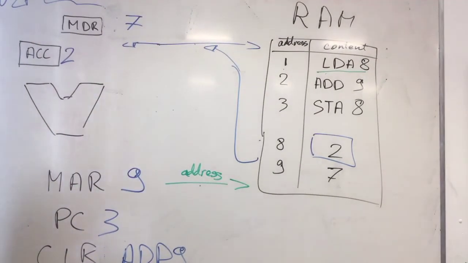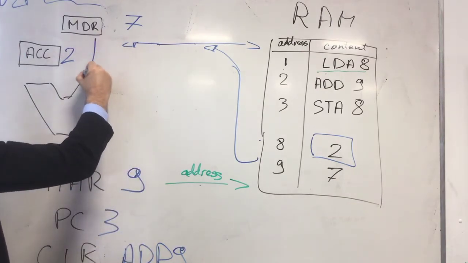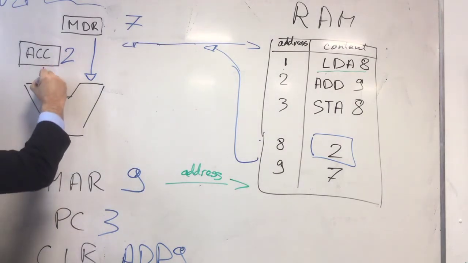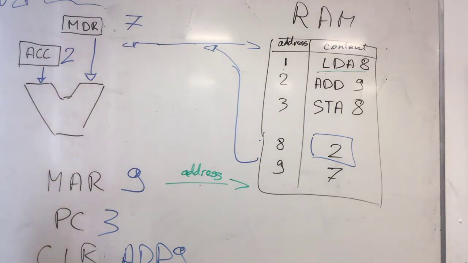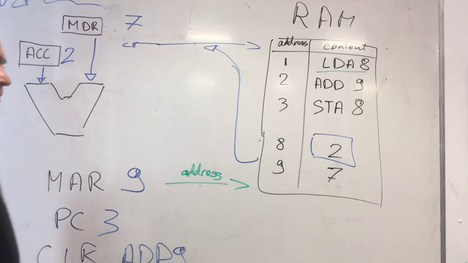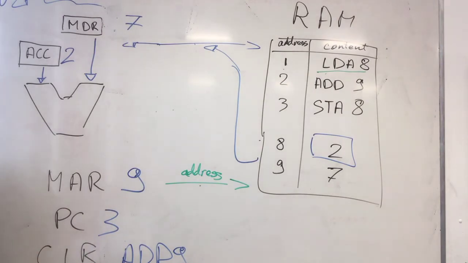Now something interesting happens. 7 is going to go on this part of the ALU, and the other part is going to get that number that has been patiently waiting for us in the accumulator. We are adding.